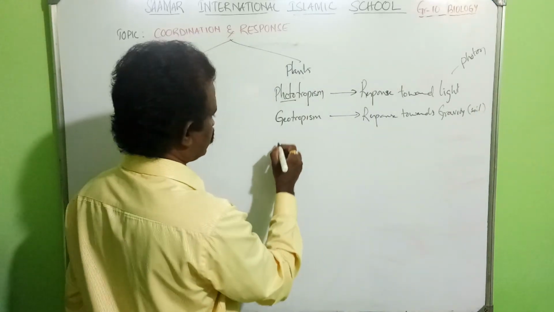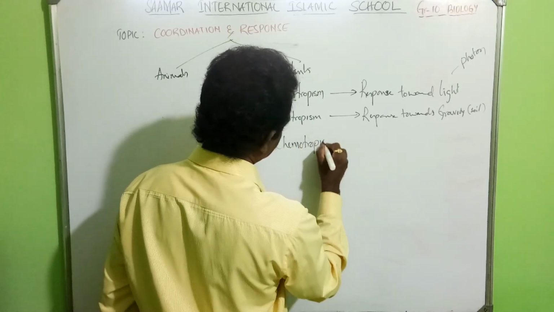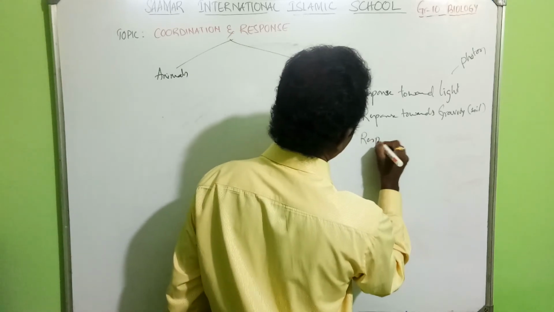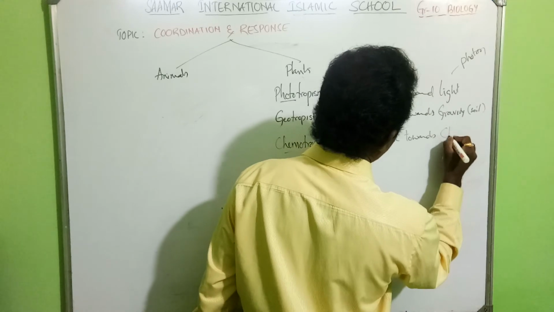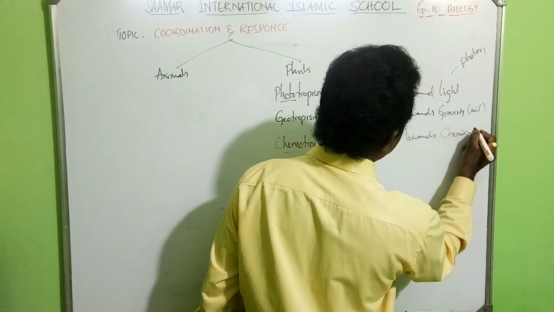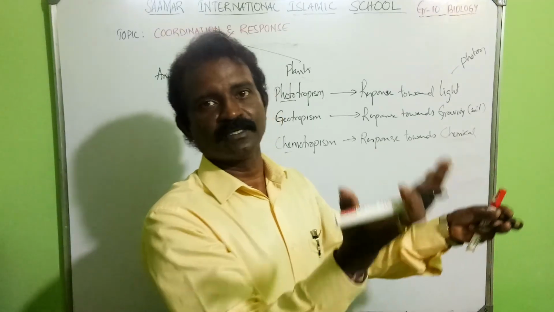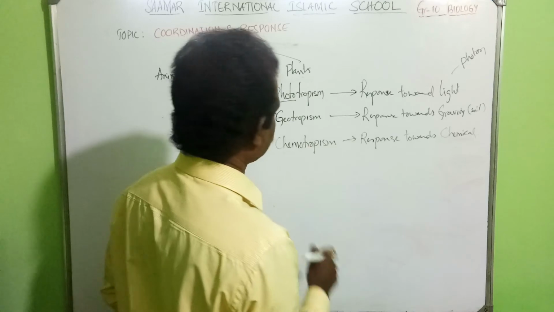Next, chemotrophism. Chemo means chemical, so response towards chemical. That means if you are putting any fertilizer, the plants grow according to that fertilizer, because they are showing growth because of that chemical.